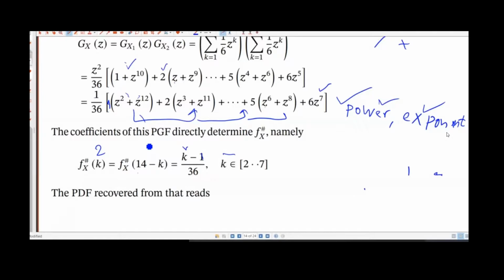When k is 3, this will be 14 minus 3, which is 11 and so on.